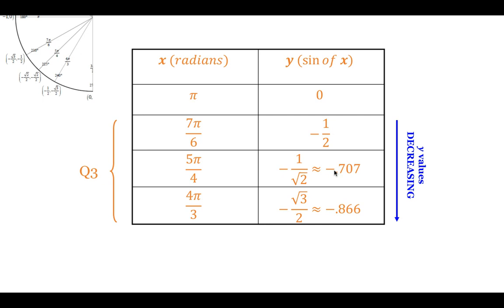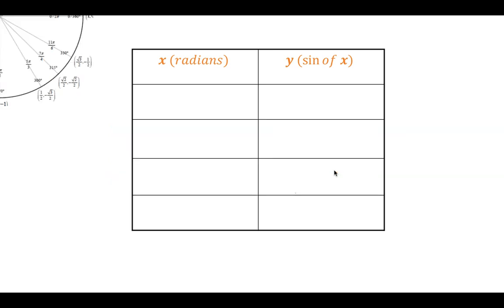Right, so my y values increased in quadrant 1, decreased in quadrant 2, and then continued to decrease in quadrant 3. Well, where do they stop decreasing? At this boundary, right at that lowest point around the circle, at 3 pi over 2. And then it starts to go back up, at 5 pi over 3, at 7 pi over 4, at 11 pi over 6. Think about it like a Ferris wheel.